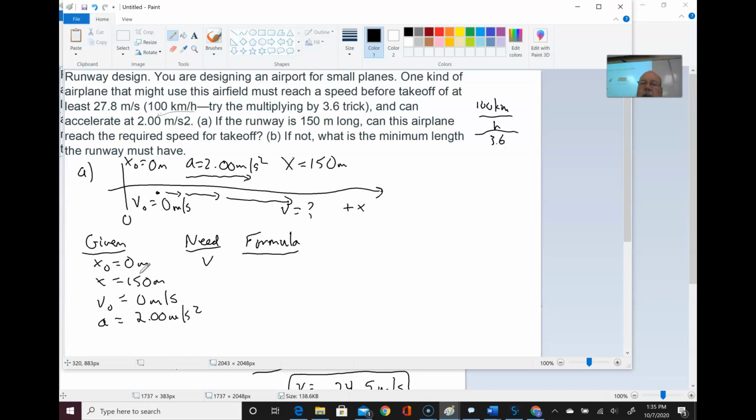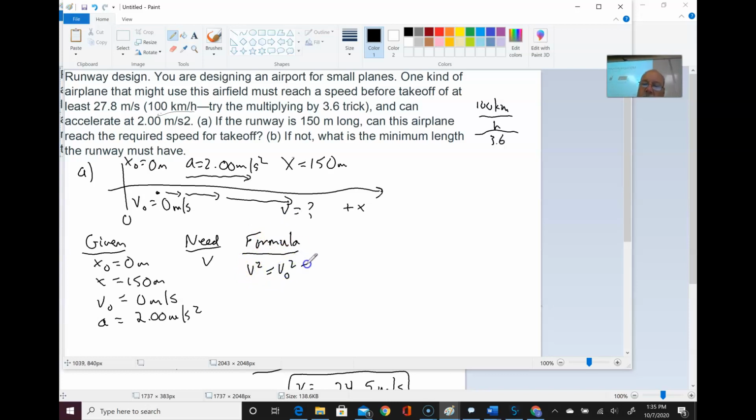The first question I ask is, do I have time or do I need time? And the answer to that is no, I do not have time. I don't need time, but I don't have time either. So in order for me to solve any problem in one-dimensional motion, I have to use this formula, which doesn't require time.